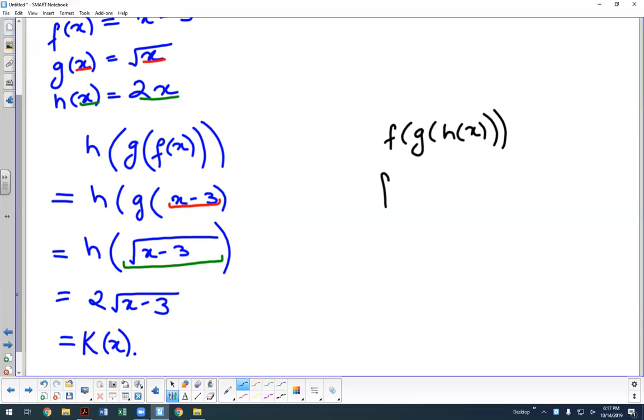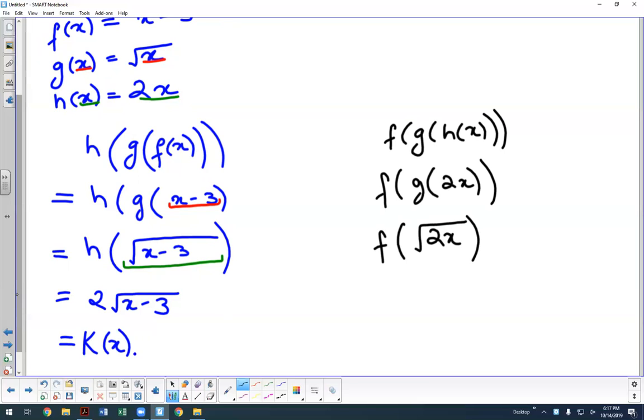And if h is the innermost function, that's your 2x. 2x is what's replacing the x inside the g function now. Your g function is square root of x. So I'm replacing my x with 2x. It will now become square root of 2x.